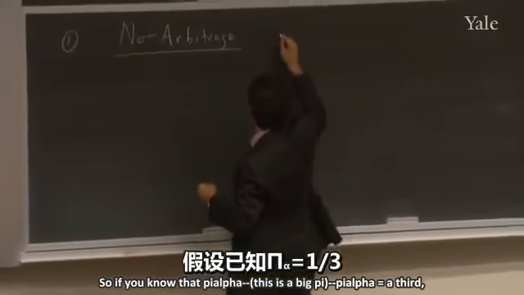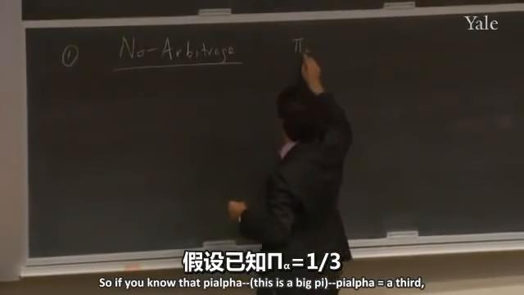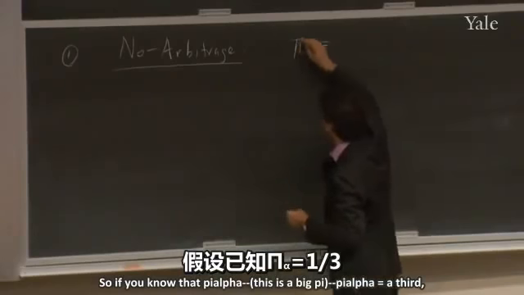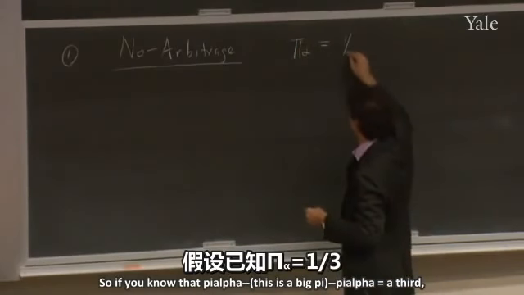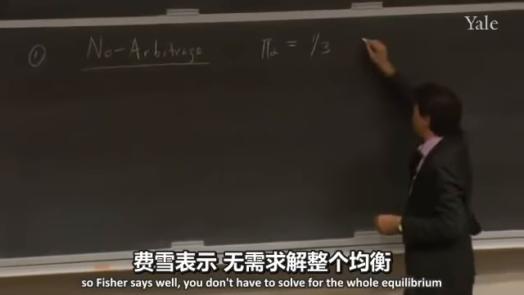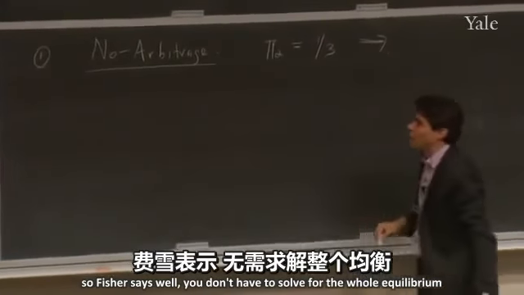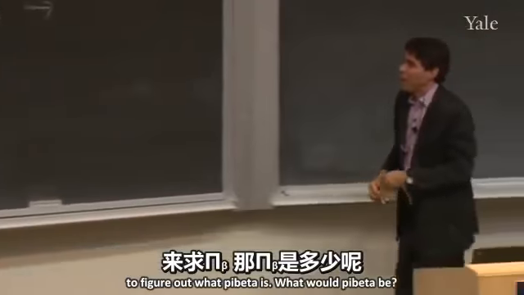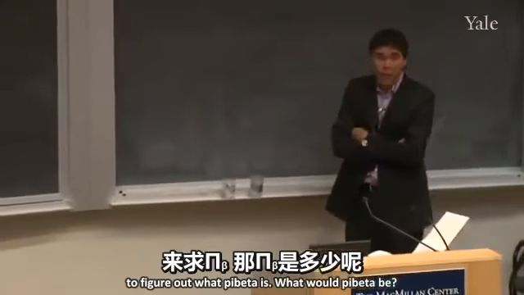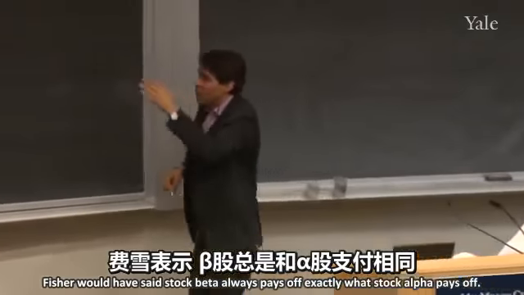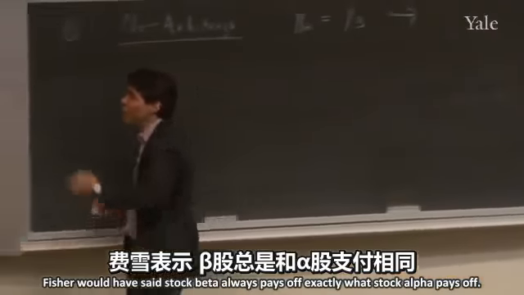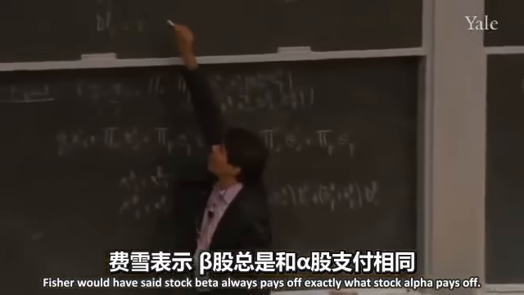So if you know that big pi alpha equals 1/3, Fisher says, well, you don't have to solve for the whole equilibrium to figure out what pi beta is. What must pi beta be? Well, Fisher would have said stock beta always pays off exactly what stock alpha pays off.